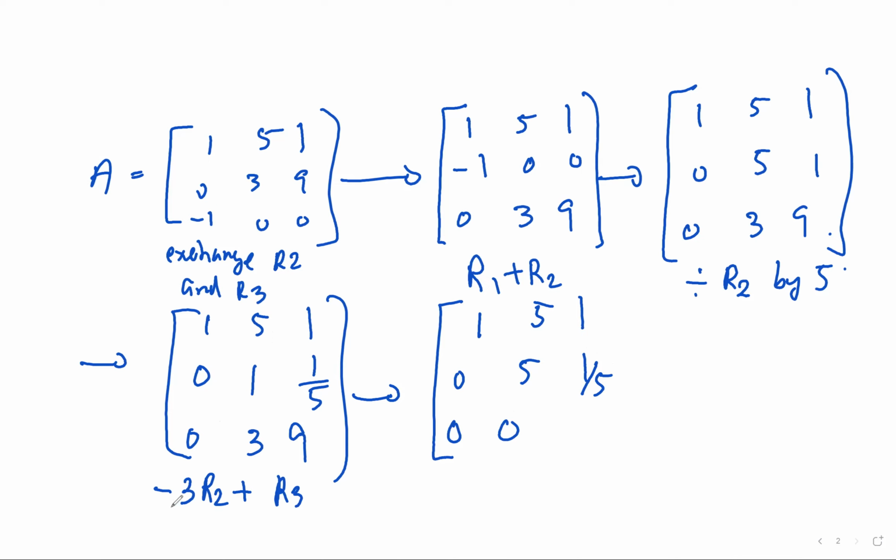Then we have -3 times 1, so this will be -3 over 5 plus 15 plus 9. So you will get 18 over 5.